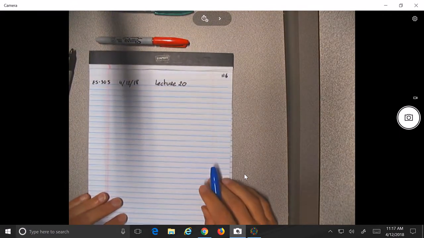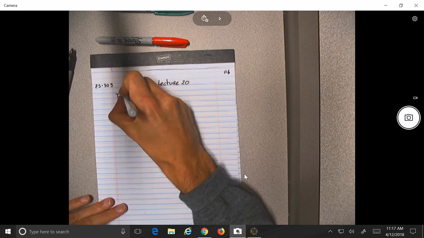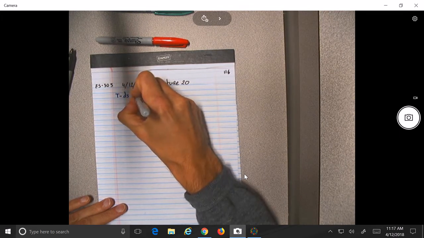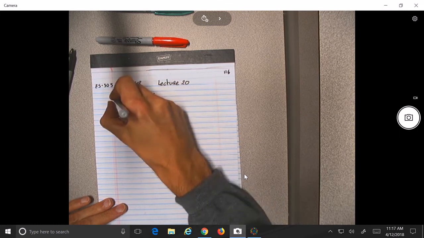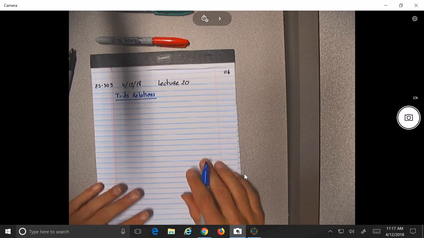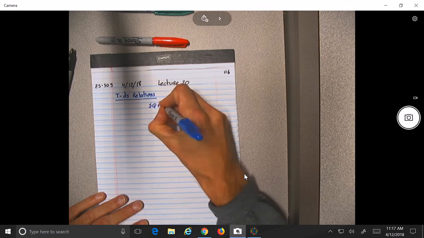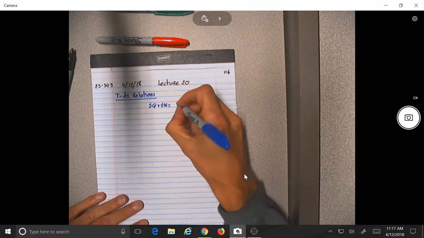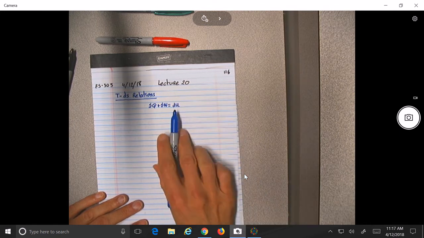Okay, so what did we do last time? We derived the TDS relation. So very quick, I'm going to do a little summary of how we did all this stuff. First thing we had, we rewrote the first principle of thermodynamics under this form.